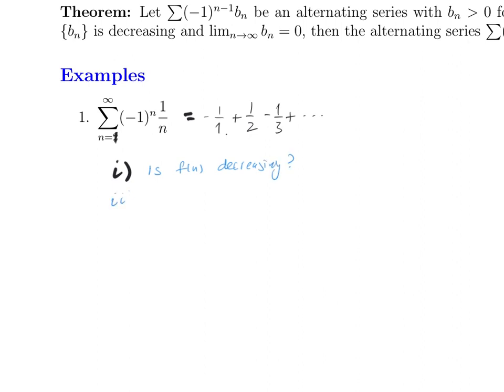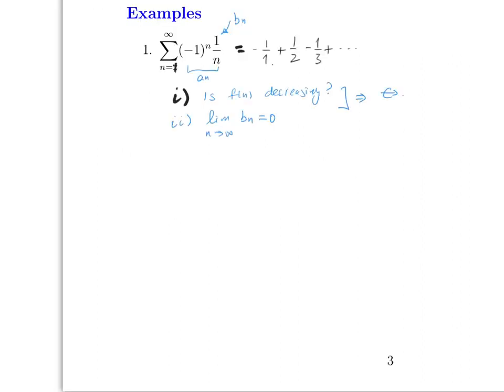And two, that the limit as n goes to infinity of bn is 0. This bn has nothing to do with the comparison test. All of this is an, and bn will be the part without the alternating sign. If these two are satisfied, that means the series is convergent. If not, it is divergent.